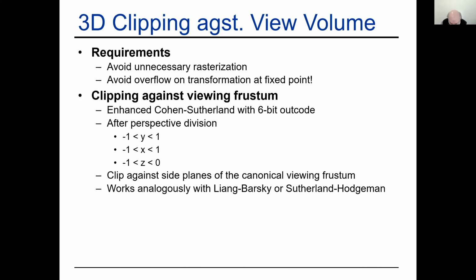We're doing this to avoid unnecessary computations with rasterization, and most importantly, because the rasterization itself, as I mentioned before, typically happens in fixed point, so by doing this operation, we avoid any overflow. Remember that we divide by W in the perspective transformation, right? Because we do this in homogeneous coordinates.